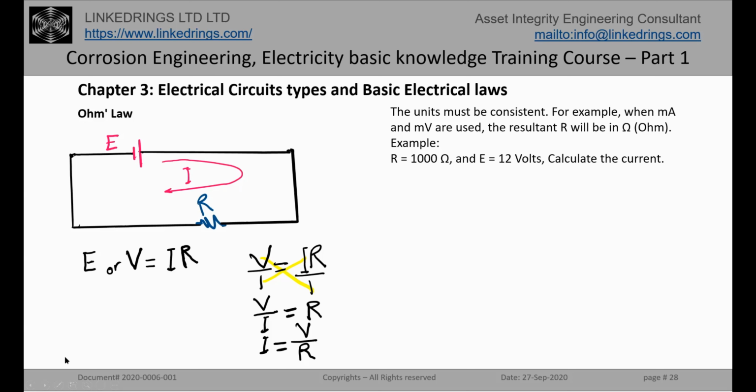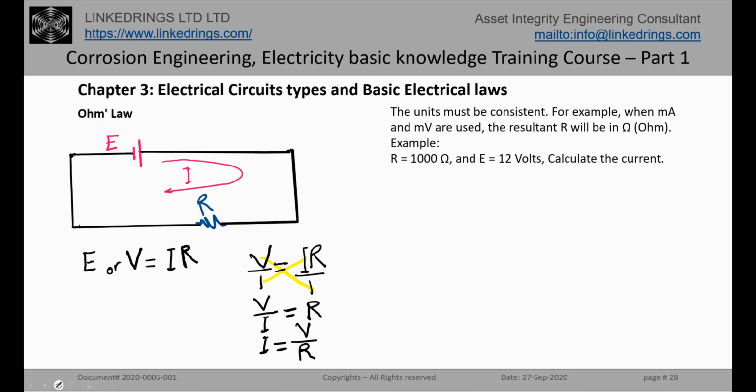The units must be consistent. For example, when we use milliampere and millivolt, the resistance will be in ohm. For example, R equals 1000 ohm and E equals 12 volts. Calculate the current.